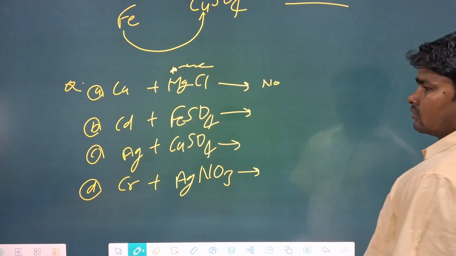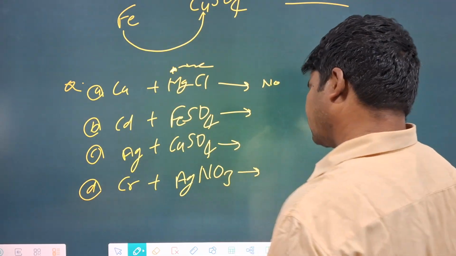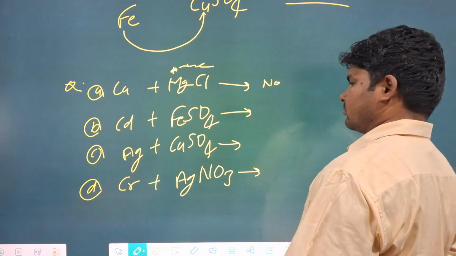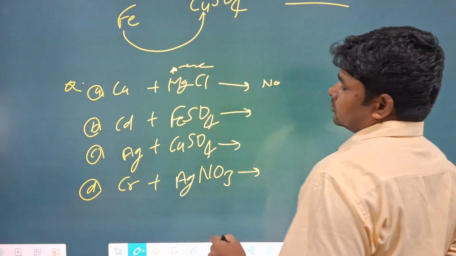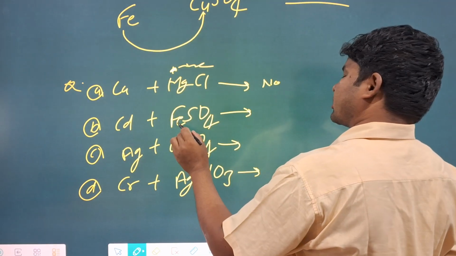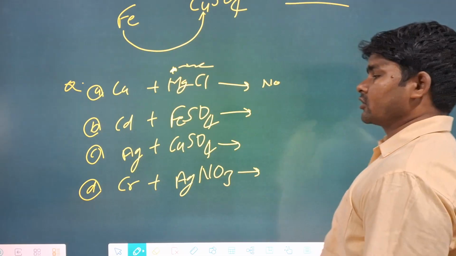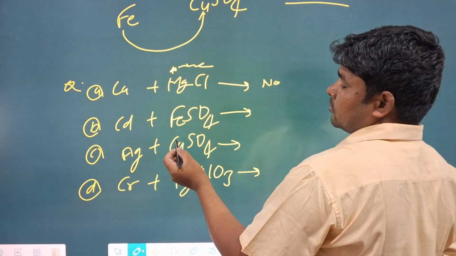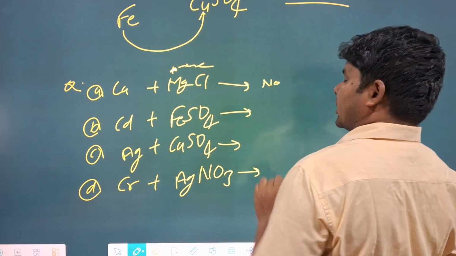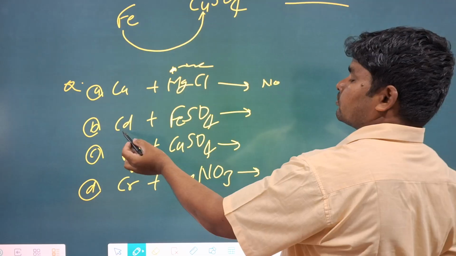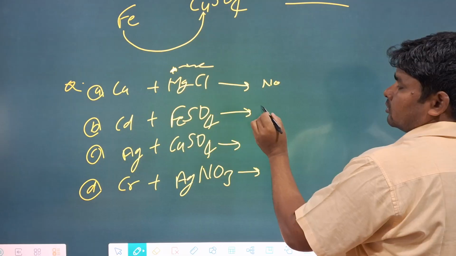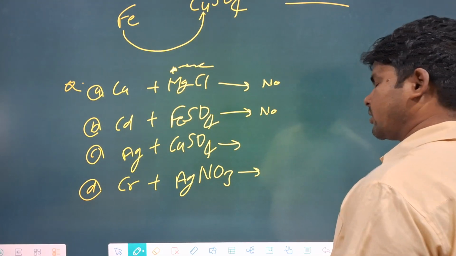As we compare the standard reduction potential value of cadmium and iron, in the electrochemical series, iron has a highly negative value of reduction potential as compared to cadmium. That is, cadmium is less reactive than iron, or the reducing power of cadmium is lower than iron. Hence, reaction B is also not possible.